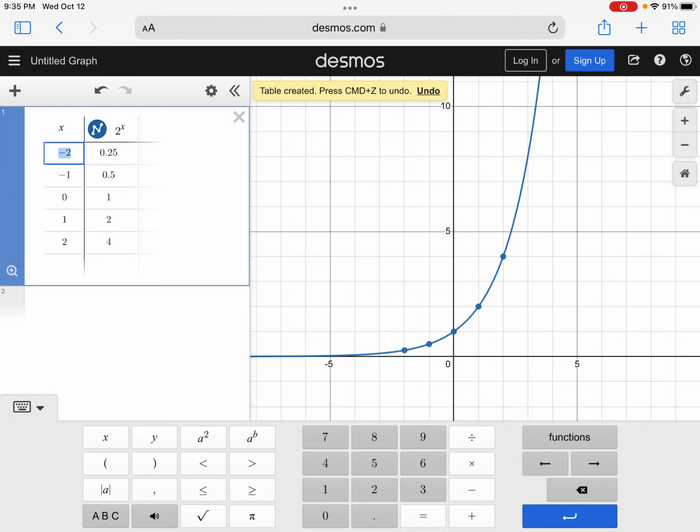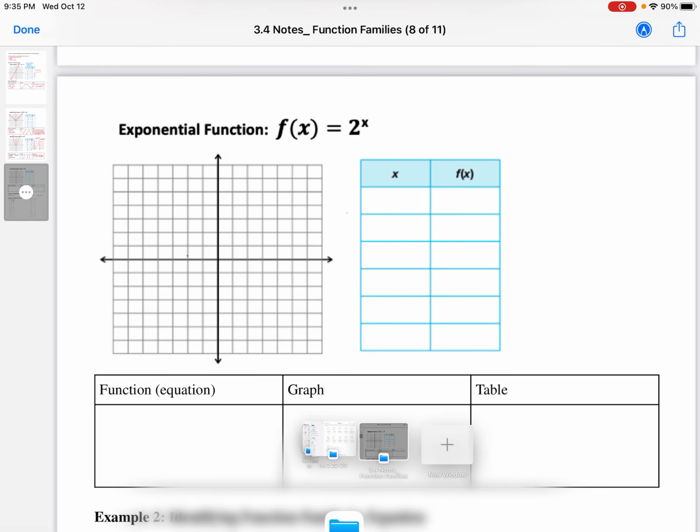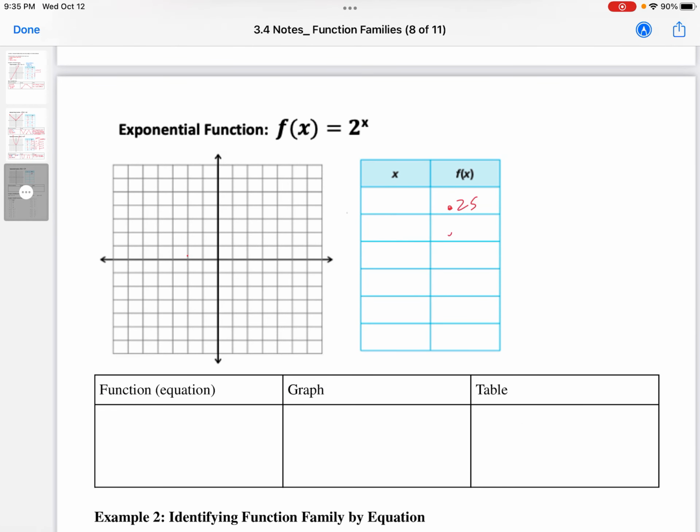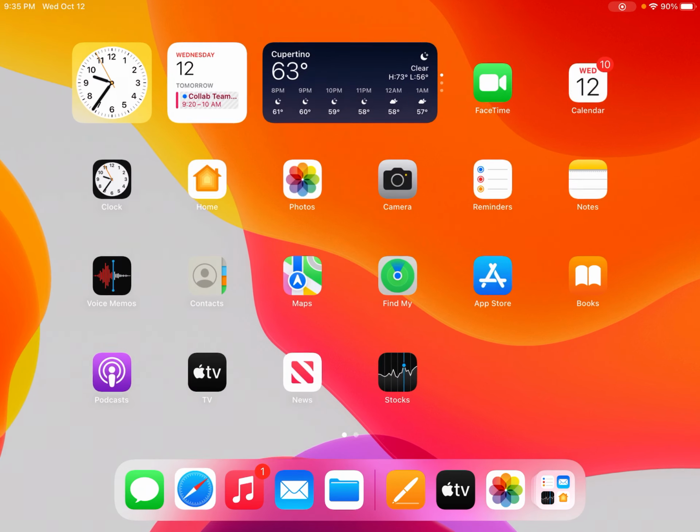Let's start this one at -2. All right, I want to fill in that last value. So I'm going to plug in 3, and it gives me 8.